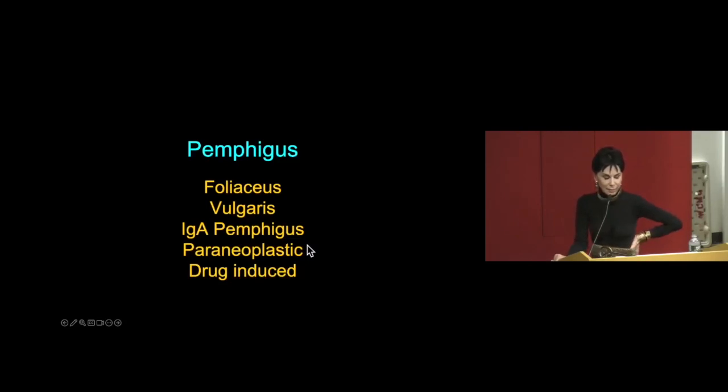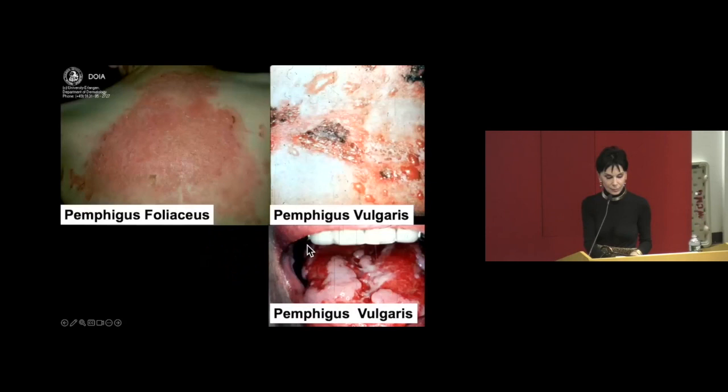So now we'll talk about pemphigus. There are various types of pemphigus: pemphigus foliaceus, pemphigus vulgaris, IgA pemphigus, paraneoplastic pemphigus, and drug-induced pemphigus. For purposes of this talk, we'll talk about the two main forms of pemphigus, which is pemphigus foliaceus and pemphigus vulgaris. So in pemphigus foliaceus, one sees this superficial scaly erythematous eruption.